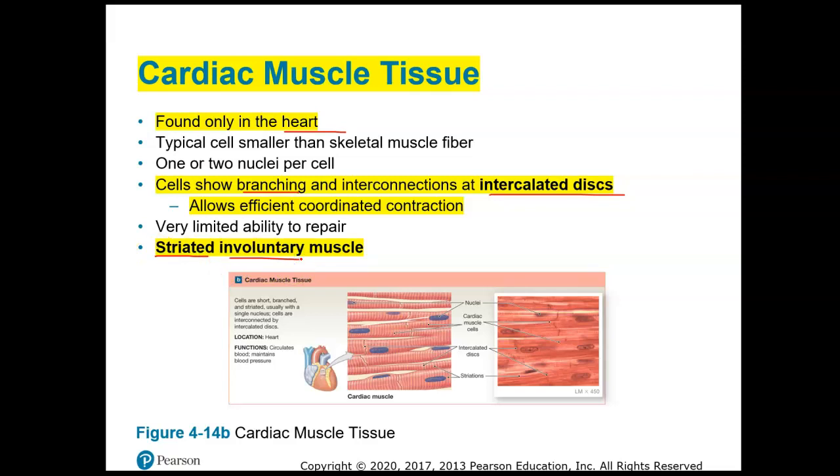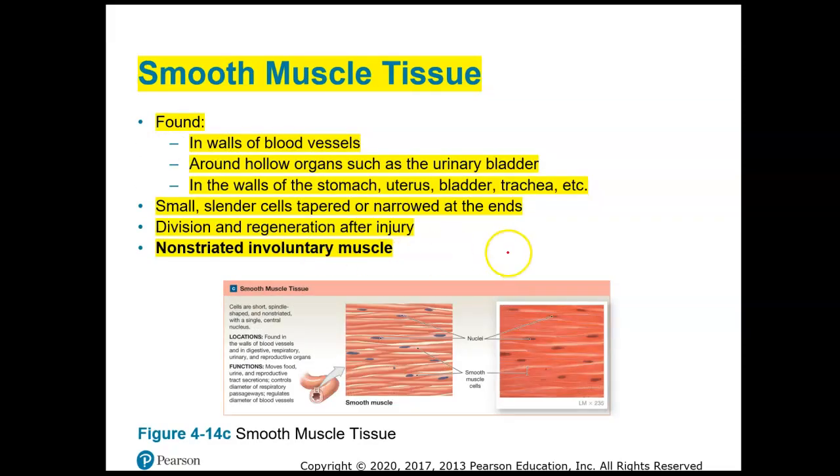It's not voluntarily controlled, it's involuntarily controlled. It's controlled by our autonomic nervous system, and it's also controlled by its own nervous system. The heart has its own nervous system, the nodal system.